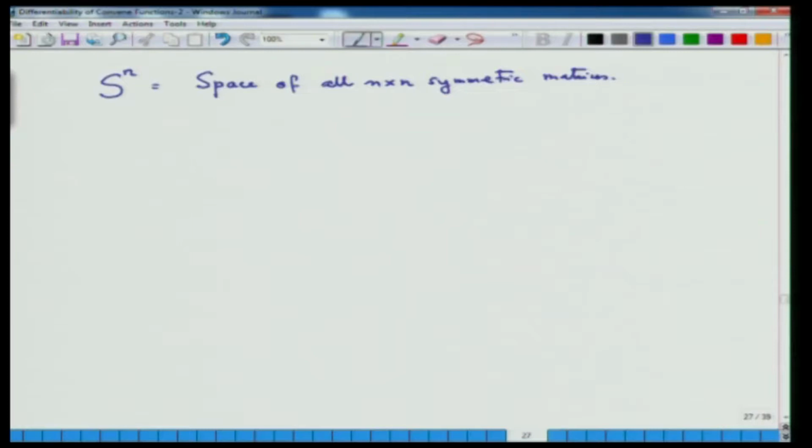So, what is the natural cone here? In this case, the natural cone is the space of all n cross n symmetric and positive semi-definite matrices.